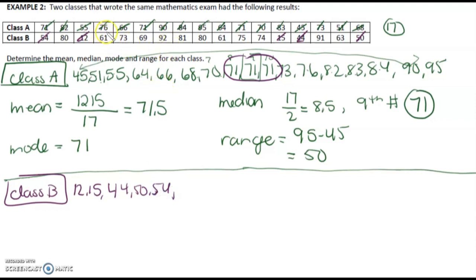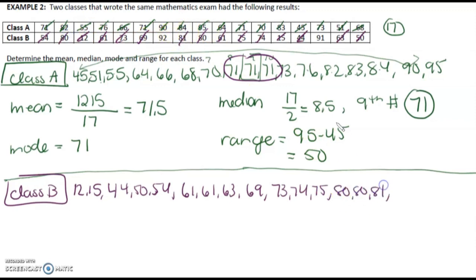I think that's good. 61, 61, 63, and 69. Then in the 70s, I get 73, 74, 75. And then I get 80, 80, 81. And then I get 91, 92.